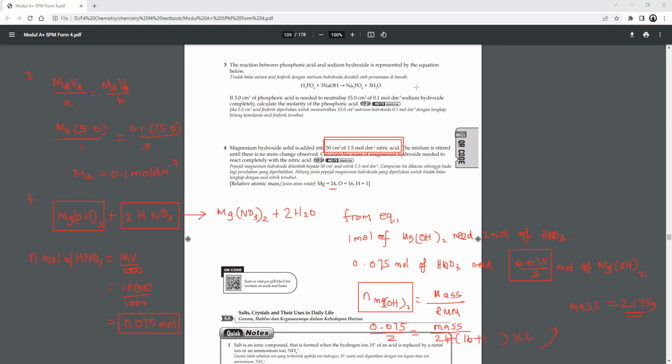So what I do next is I times this whole thing. This whole thing, I press it, it is 58. So 58 times 0.075 divided by 2. I'll get 2.175 grams.